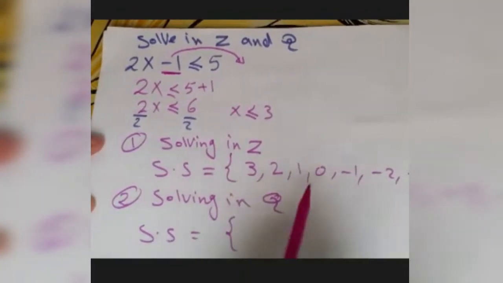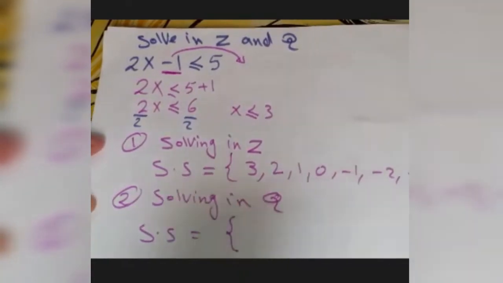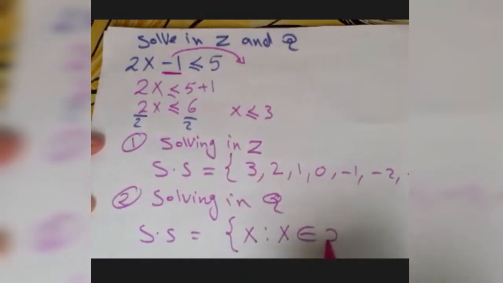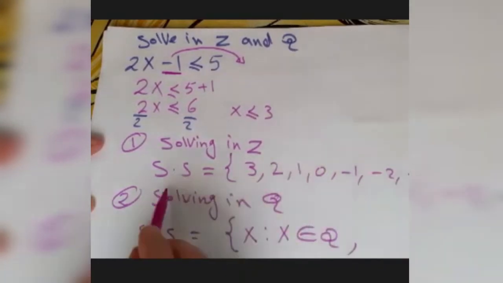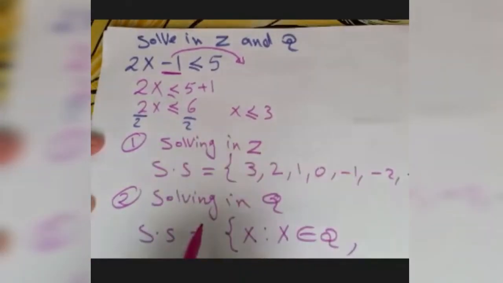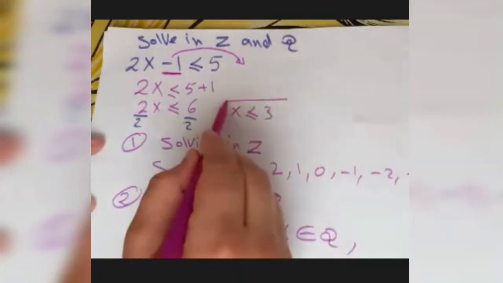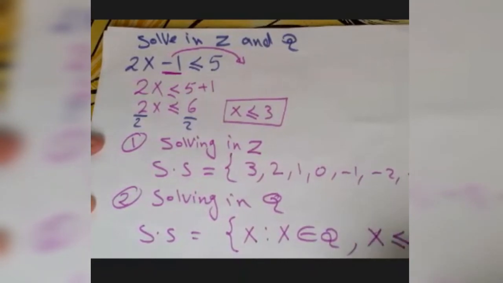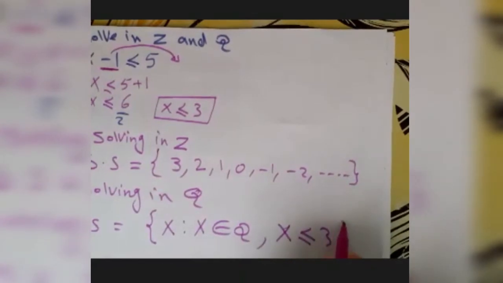So we can't write numbers, but we can write this form: x such that x belongs to Q, and then write the last form of the inequality, x is smaller than or equal 3.